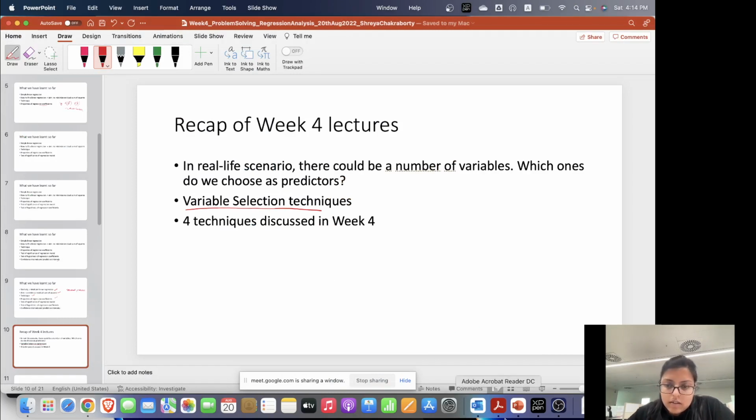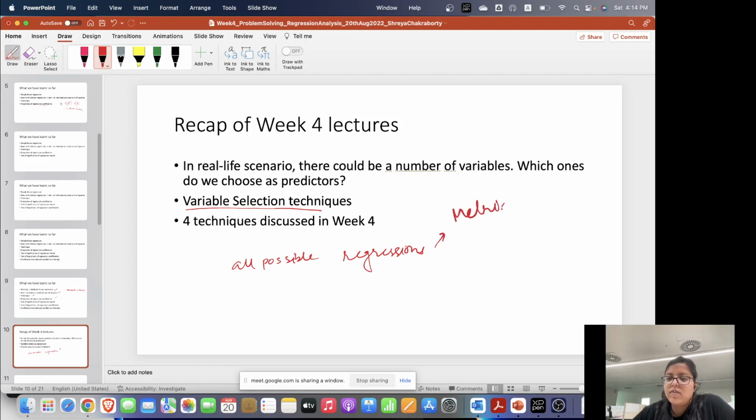Forward selection. That is definitely one of the techniques of variable selection. But when we are doing all possible regressions, what were the 4 techniques that were discussed? The metrics, to be specific.